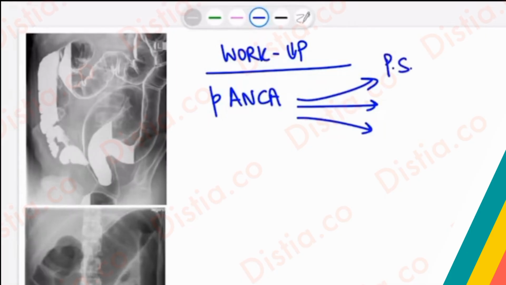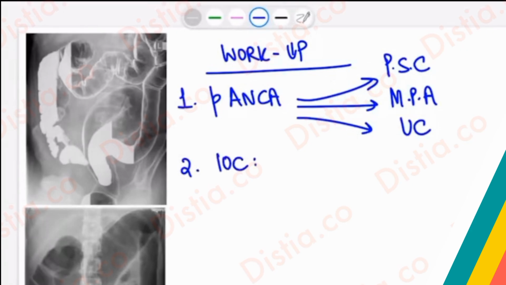You read about it in GI, that is primary sclerosing cholangitis or hepatobiliary, then MPA, that is microscopic polyangiitis, and the current topic ulcerative colitis, where a high incidence of association is seen. Then subsequently I would like to confirm my diagnosis by going in for colonoscopy with a biopsy.